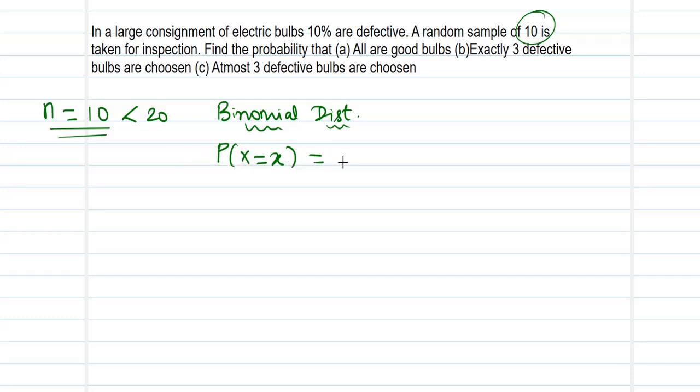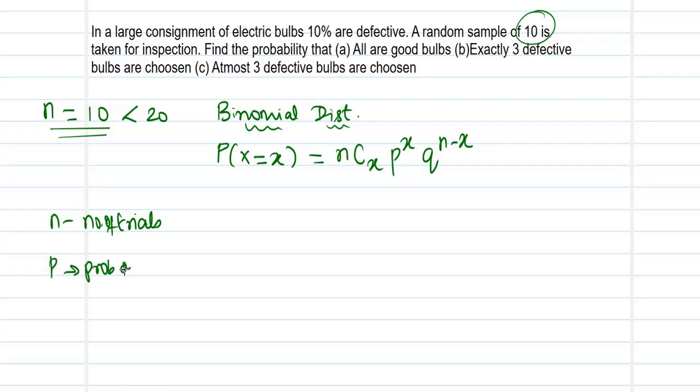Recollect students, the probability that X takes the value x is given by nCx p power x q power n minus x, where n stands for the number of trials, p stands for the probability of success, and q stands for the probability of failure. And we know that p plus q will always be equal to 1 since the total probability is 1.